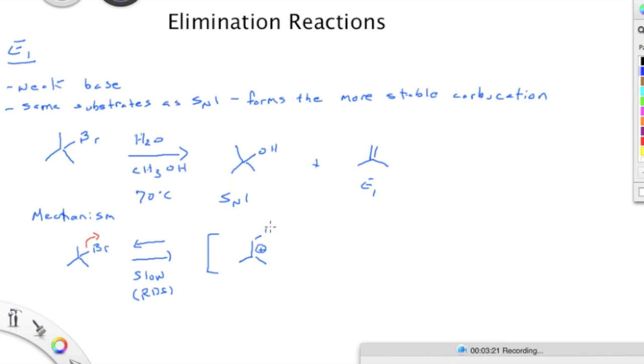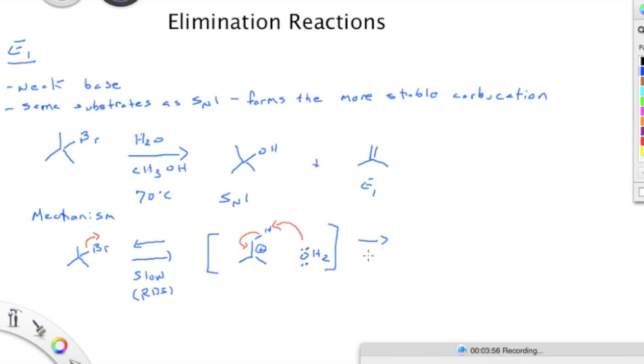And for the elimination reaction to take place, notice that we have to have this hydrogen that's going to be here. And we also have a bit of water in solution. And we're going to go ahead and form the double bond now. Once we have our stabilized carbocation, these go in there, and there's your double bond.